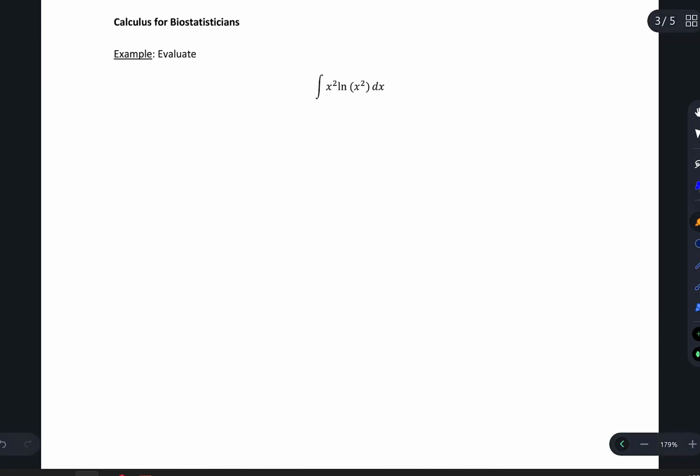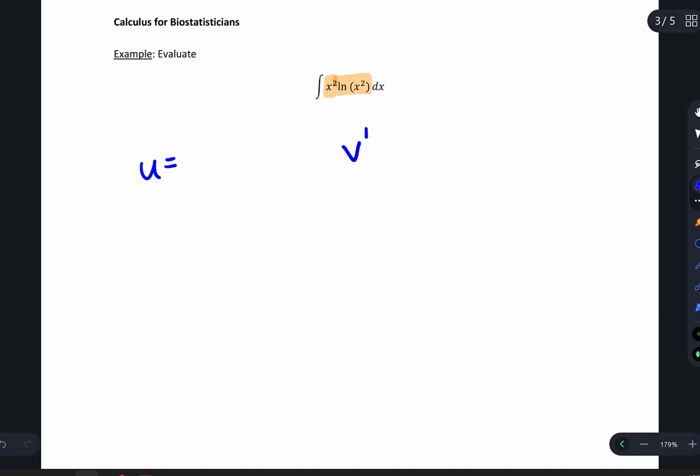So here we have the integral of x squared natural log of x squared dx. And so again, notice we have two different functions. Our first function is x squared, and the second one is the natural log of x squared, and we have the product of these two functions. So the very first thing that we need to do is we need to identify what our u and our v prime are.